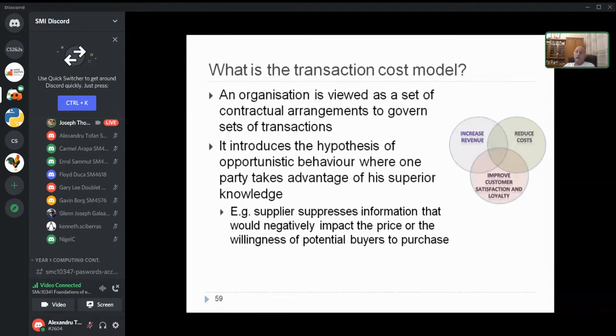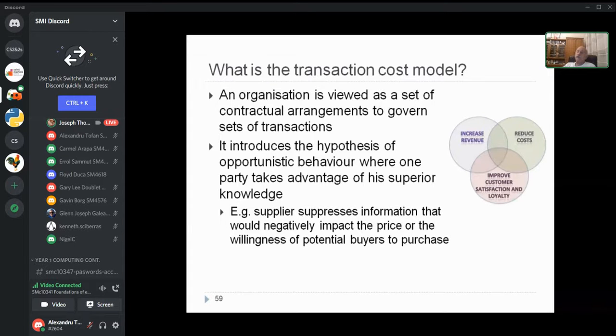Normally it is the supplier who will have more information than the customer. So the supplier might suppress information that, if the customer knew about it, would negatively impact the price or the willingness of potential buyers to purchase. Let's say the supplier is selling a second-hand car and he knows that it's been in a bad crash and the chassis is in a dangerous condition.